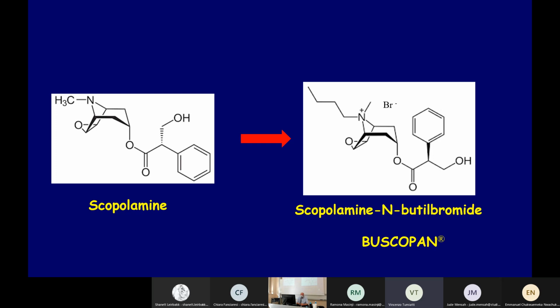Scopolamine free base is used in chemical war, chemical weapons, for example. And so if you want its activity only on the periphery, we can introduce a methyl group and we have a quaternary permanent charge.